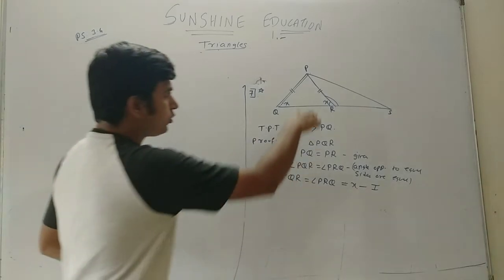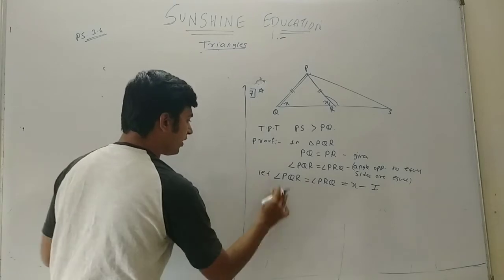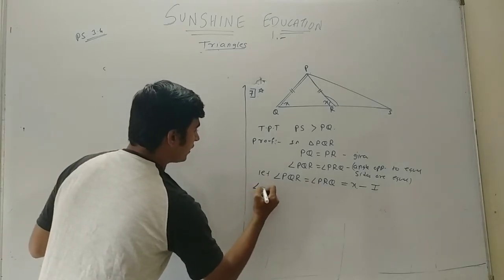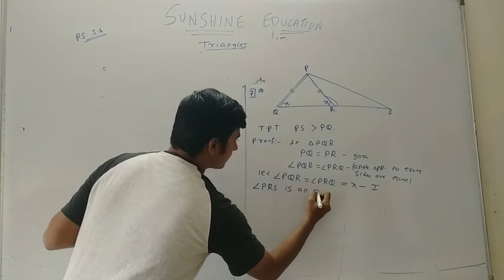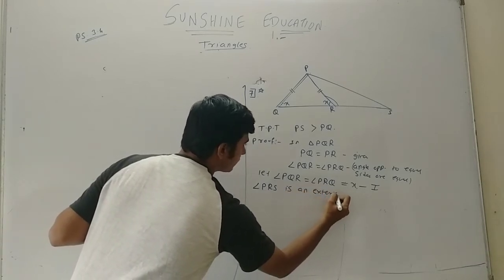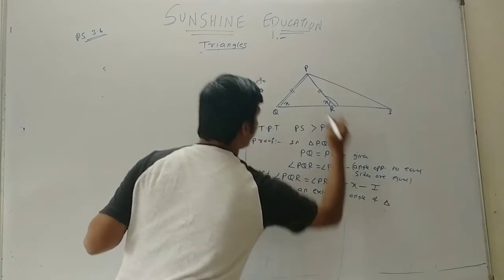Now we know that PRS is an exterior angle of triangle PQR. I will write: angle PRS is an exterior angle of triangle PQR.